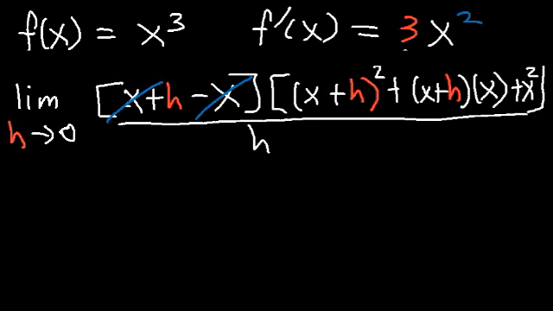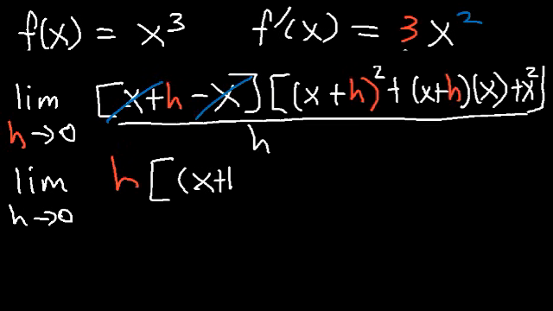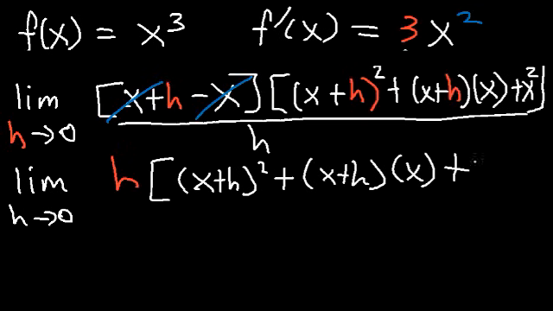So now what we have left over is the limit as h approaches 0, h times everything else, (x plus h) squared plus (x plus h) times x plus x squared, divided by h.